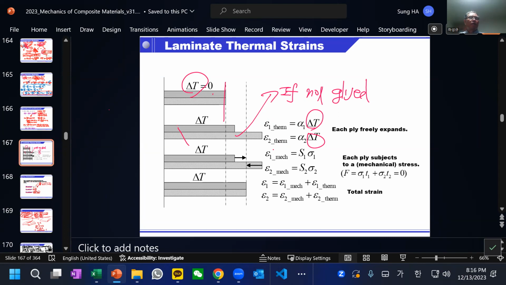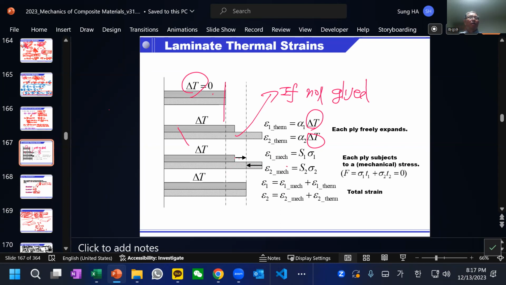So they have to deform together. So to make this geometric constraint, we need a mechanical stress. Mechanical stress is developed inside and applied like this.